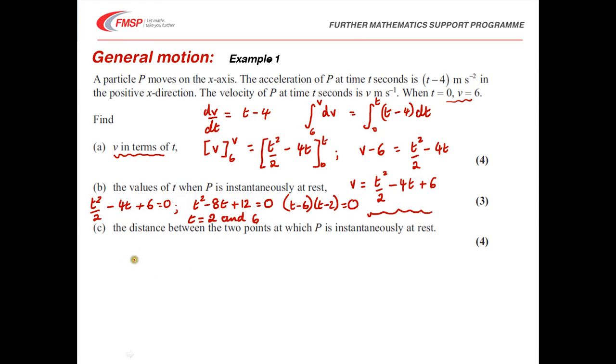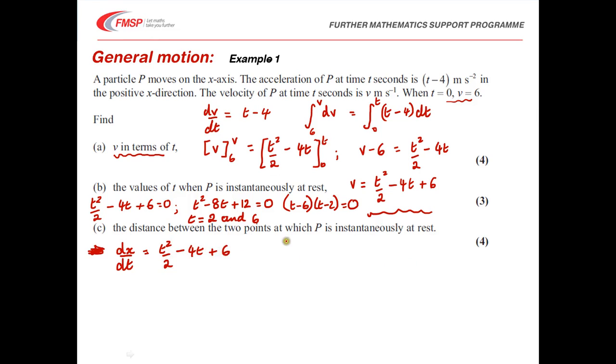Okay, and then finally it asks us to find the distance between the 2 points at which p is instantaneously at rest. Well, we've got an expression for v in terms of t. That means we also have an expression for dx/dt. So dx/dt is the same as v, so dx/dt is t squared over 2 minus 4t plus 6.